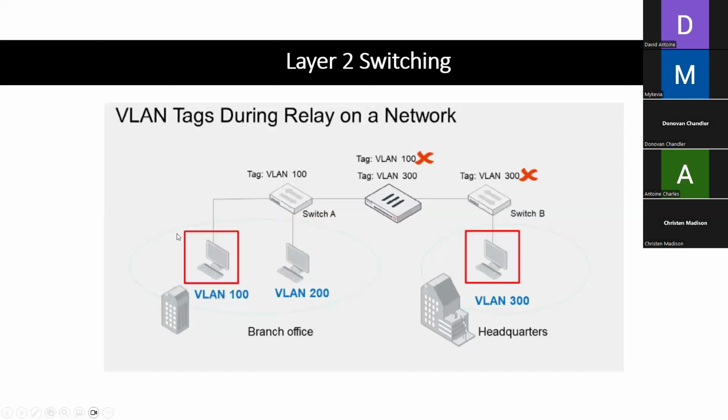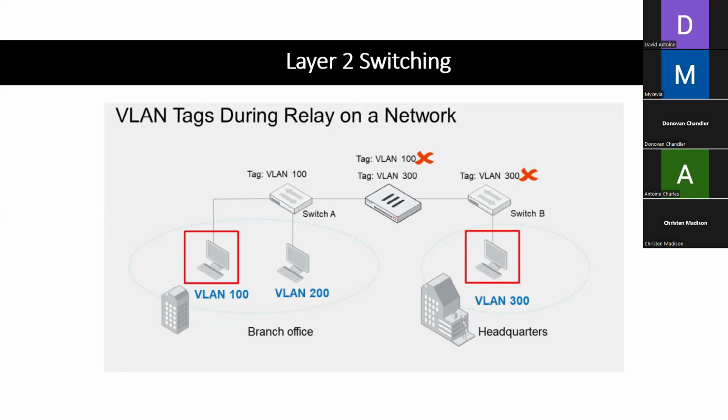All right, so let's look at the example here, right? We've got this FortiGate, it's running in NAT mode, and we have VLAN 100, VLAN 200, VLAN 300. So this PC in the branch office, that's on VLAN 100, sends a frame, because we're talking about layer 2.